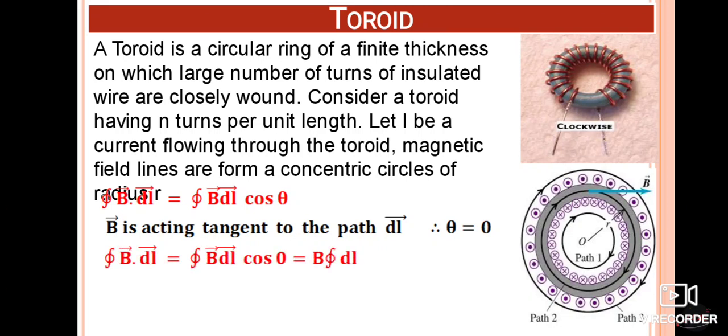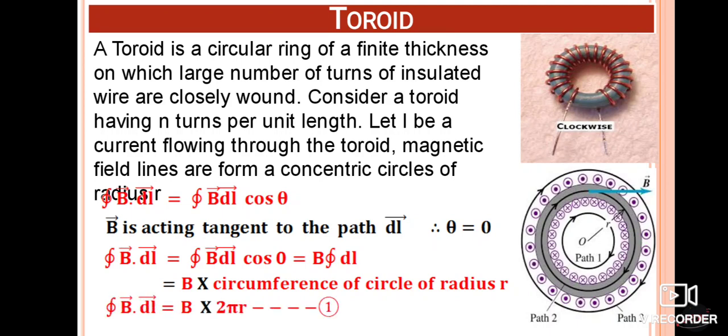Then B dot dl is equal to B dl cos 0. Cos 0 is 1, therefore B times the line integral dl, and dl is nothing but the circumference of the circle of radius r. Therefore, the line integral B dot dl is equal to B into 2 pi r. I will write this as equation number 1.